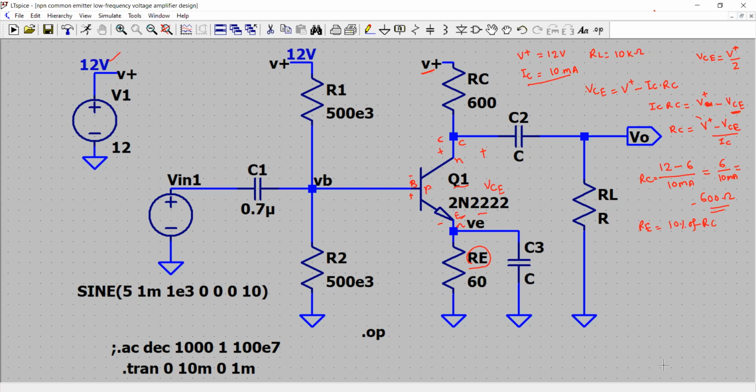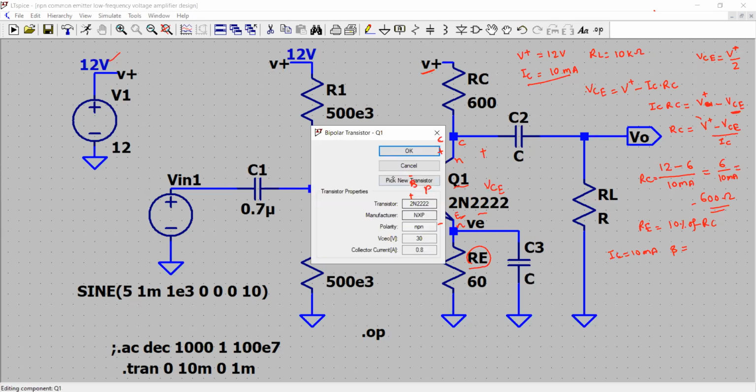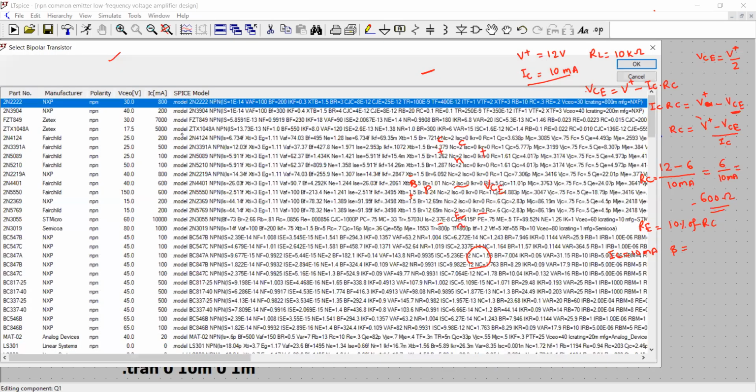Now the next task is to decide the values of the other components. We know the value of IC, that is our 10 milliampere, and the beta of this transistor can be known. So let's find out the transistor we have chosen. What is the beta of this transistor? Right click it and click pick new transistor, and the first transistor, as you can see, we have chosen, the beta of this transistor is about 200.